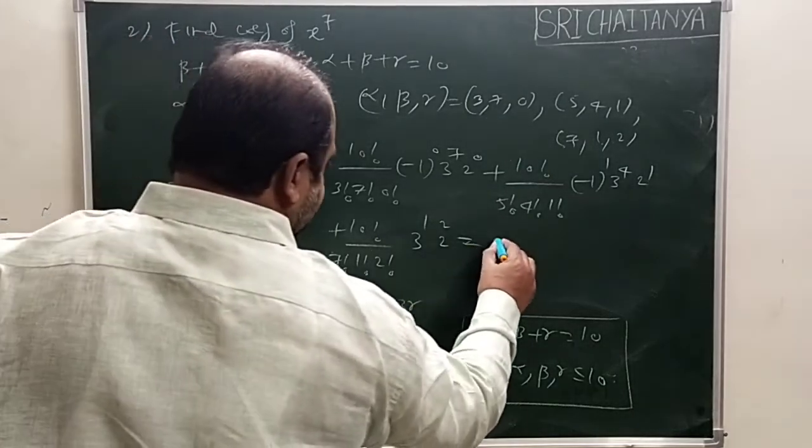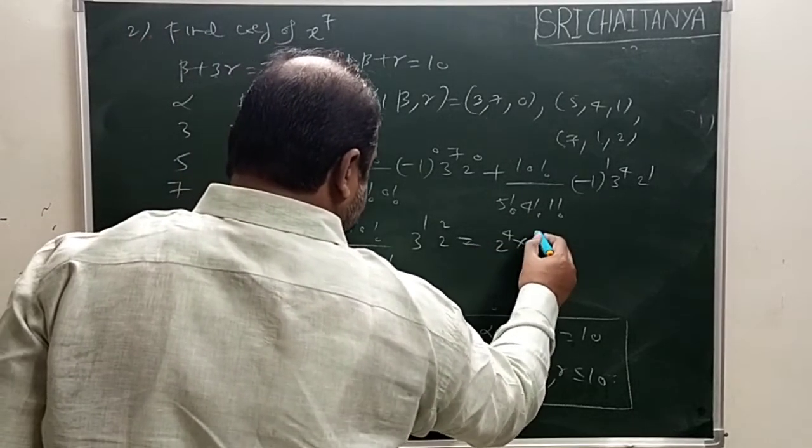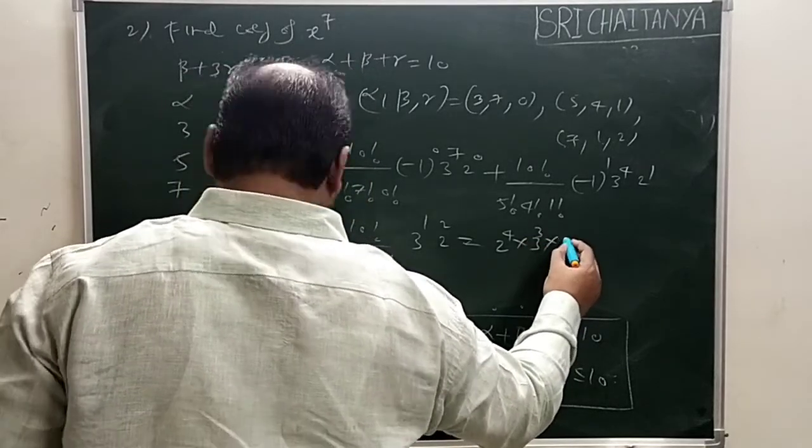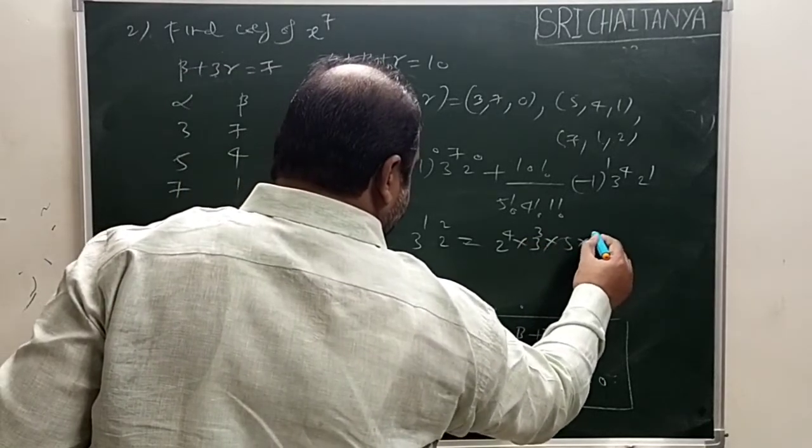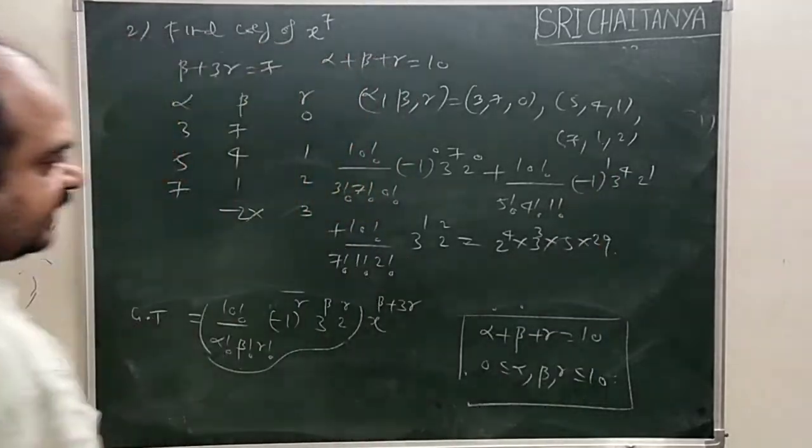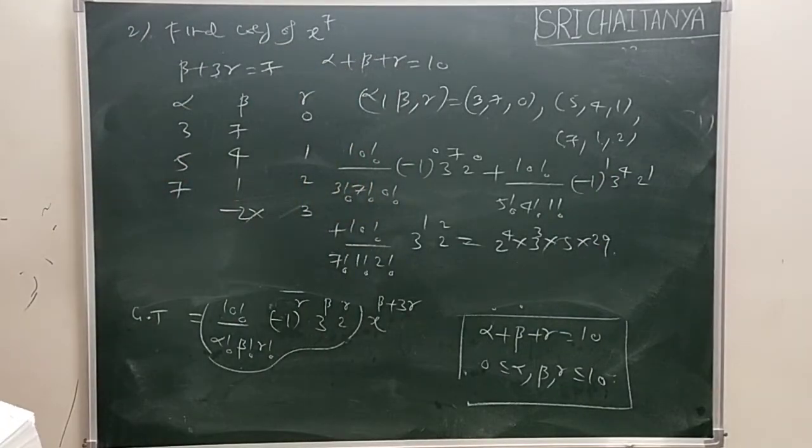If you simplify completely, you will get like this. Take it as homework. Only factorials are there. Like that, how to find the coefficient?